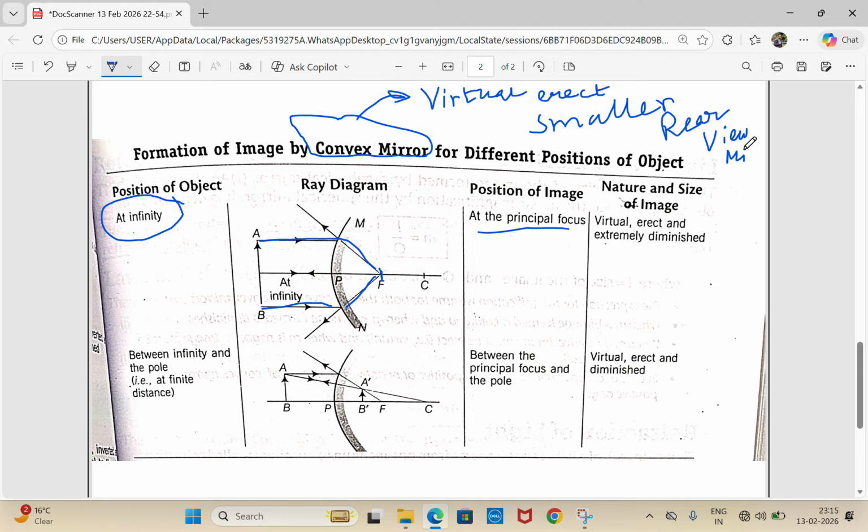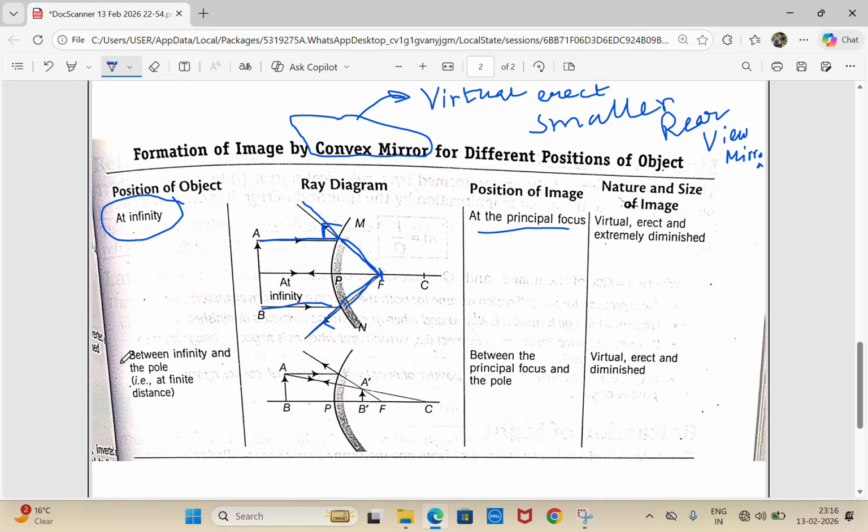In a rear view mirror, you can see that the images are virtual, and obviously virtual means erect, and these are highly diminished, like you are watching the whole landscape behind your vehicle. At first the position of the object is at infinity, so the image will be formed at the focus. The rays come toward the focus and then reflect back, and they don't meet. In case of virtual and erect images, the rays don't meet.